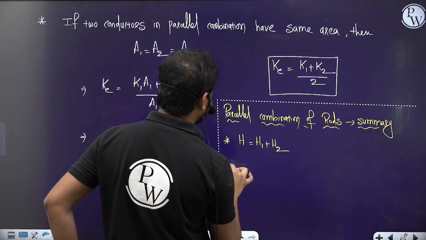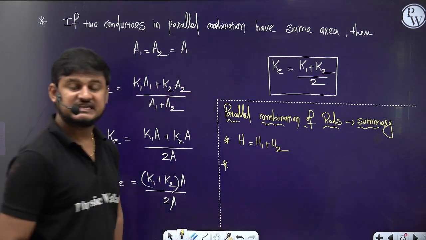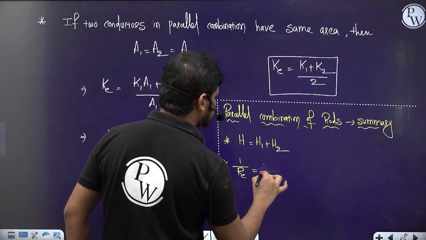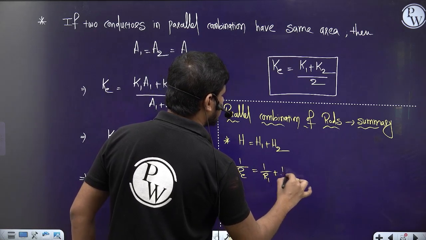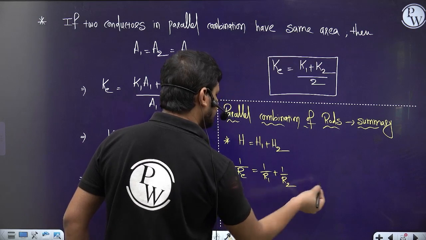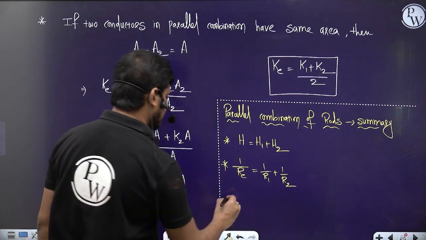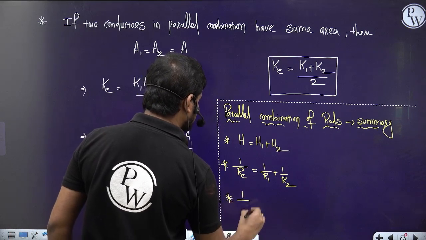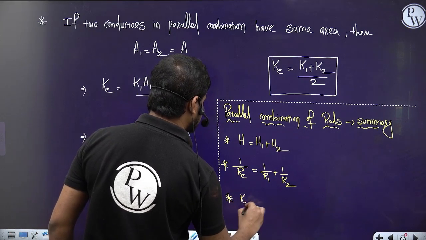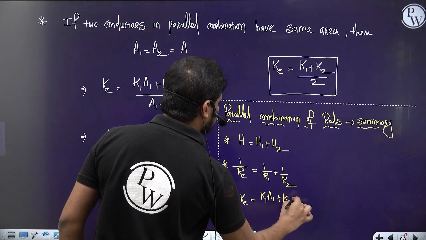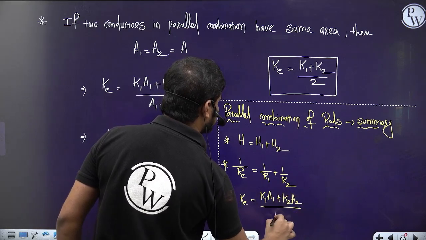Coming to the thermal resistances, 1 by R equivalent is equal to 1 by R1 plus 1 by R2. If there are more, you can add plus 1 by R3 plus 1 by R4 like that. And then K equivalent is equal to K1A1 plus K2A2 by A1 plus A2.